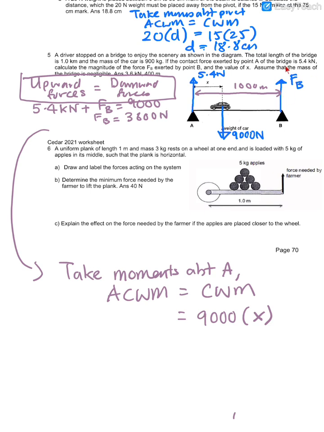Then FB, which is how much? 3600. Okay, 3.6 kilonewton, clockwise or anti-clockwise? Anti-clockwise.